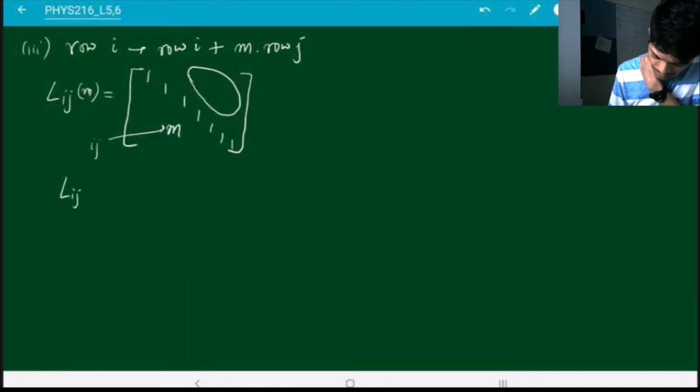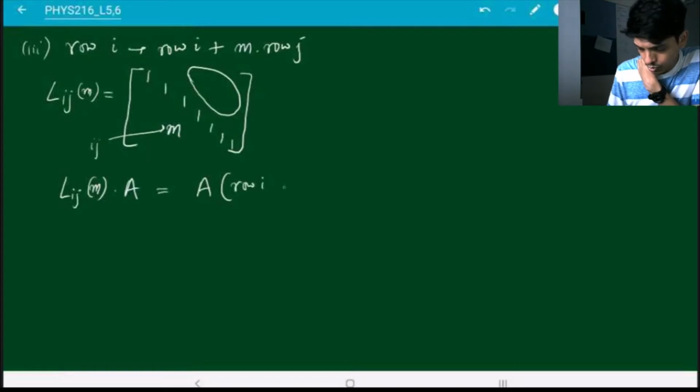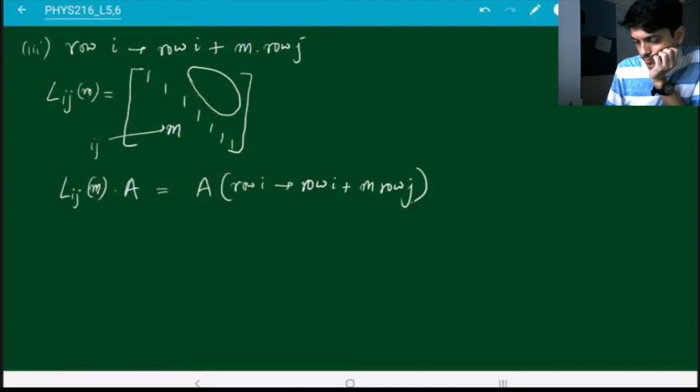If I take L_ij(m) and operate it on the matrix A, then you will see that this is just the matrix A where row i goes to row i plus m times row j. So this matrix L_ij(m) does the job of doing i plus m times j. What are the properties of this fellow?